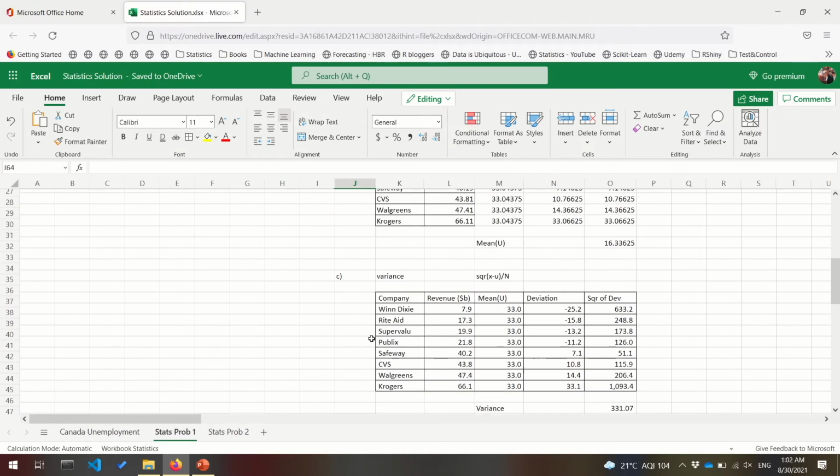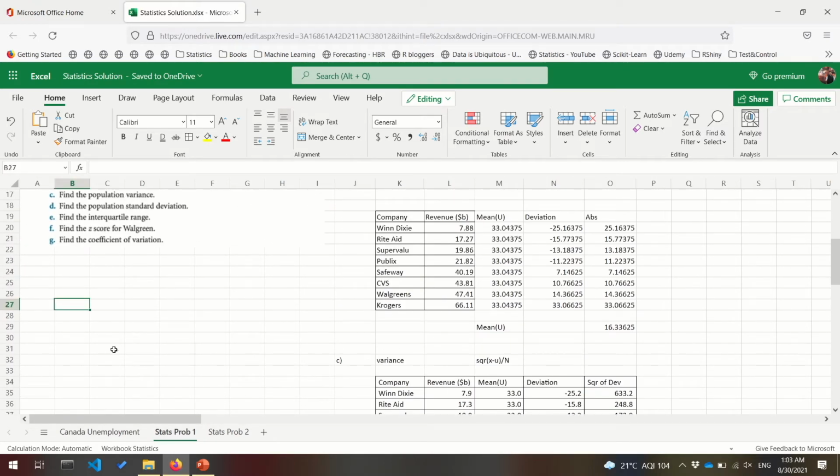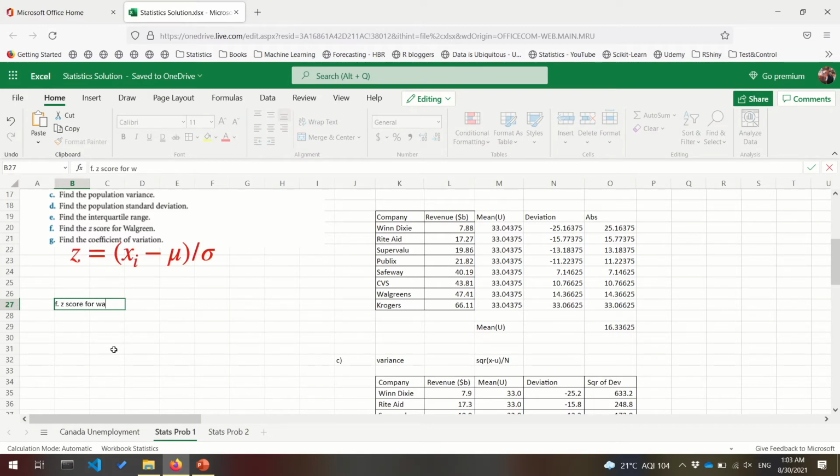Okay, I'll try to solve here the Z score for Walgreens. If you remember, Z was x minus mu divided by sigma. You want to convert the distance into sigma units.